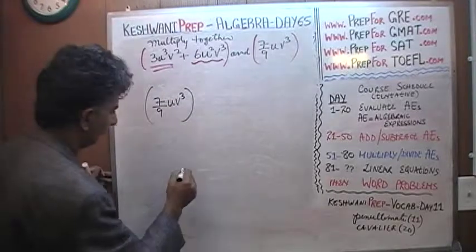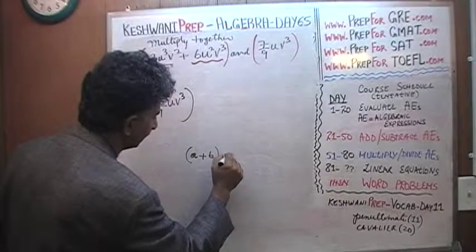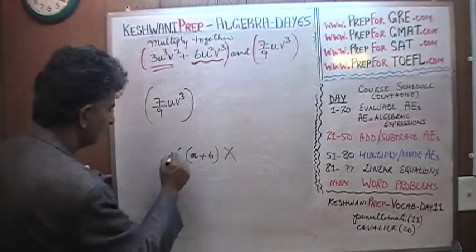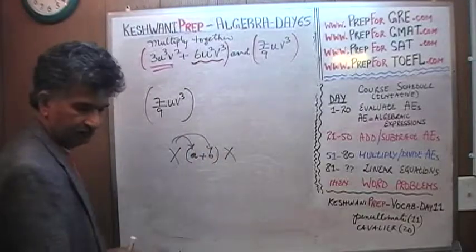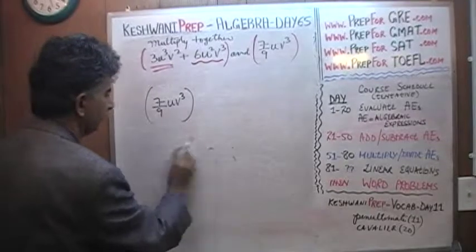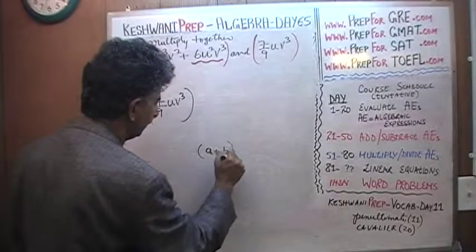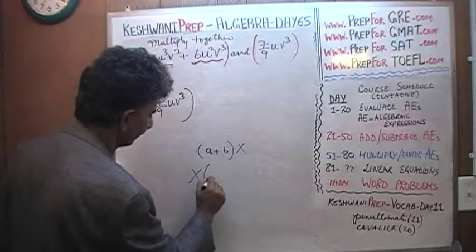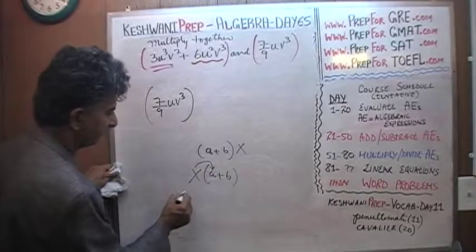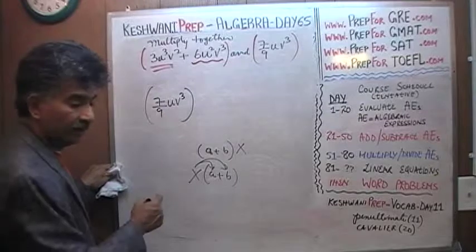For example, if someone says multiply a plus b times x, it's much easier to put the x first so that you can distribute it easily, x times a and x times b. Can we do that? Can we move this in the front?